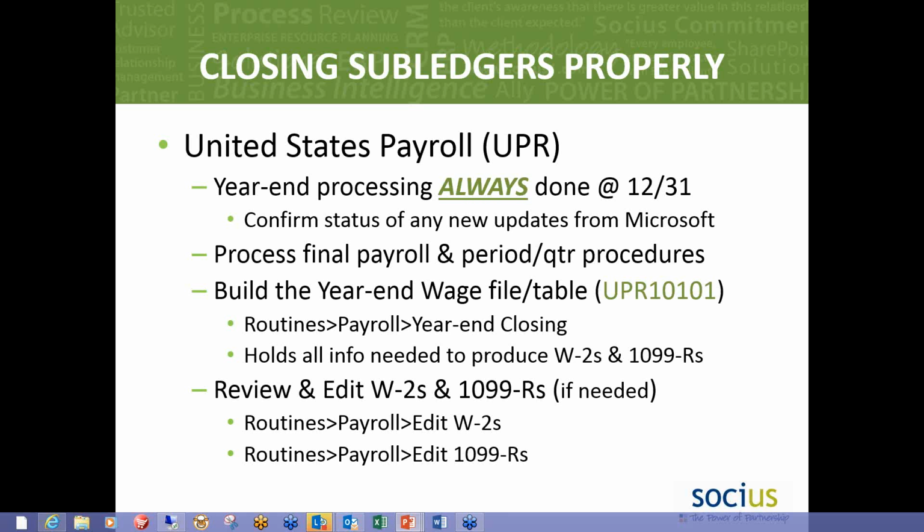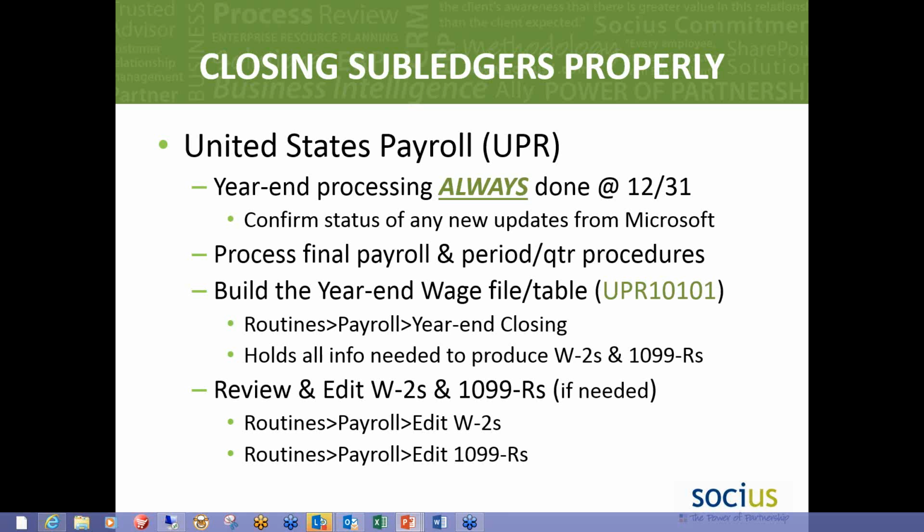Okay, so we want to process our final payroll and our period and quarter procedures. We want to build the year-end wage file/table, and I'll talk about this in more detail. Then we want to review and edit the W-2s and 1099-Rs.